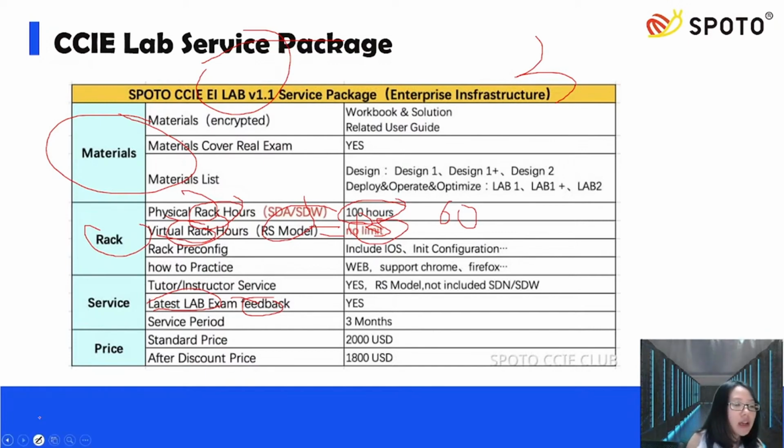These are all important for you to know before you take the exam, and we will share the tutorials and suggestions about the exam. Okay, so if you have this package, you can have enough time to practice, and also you can follow your own timetable, so it's very flexible.